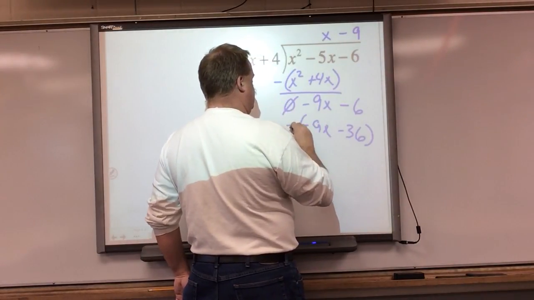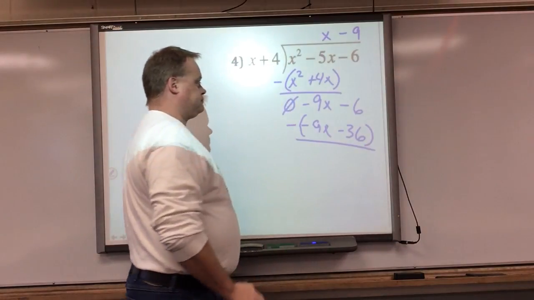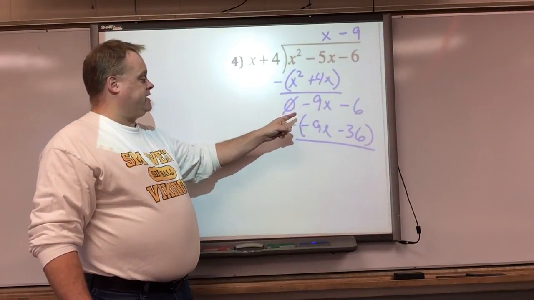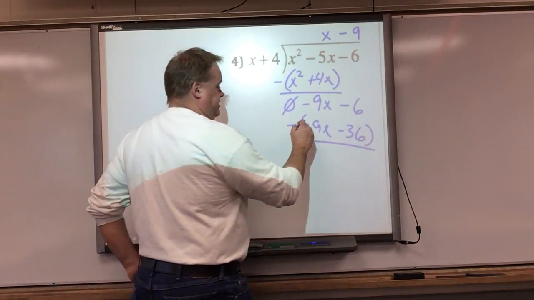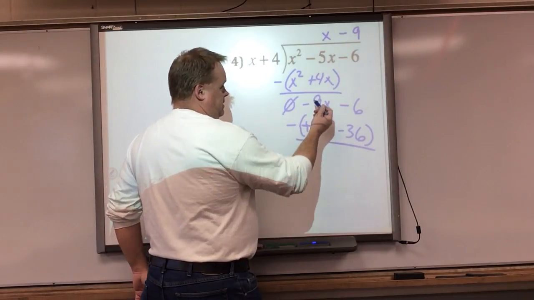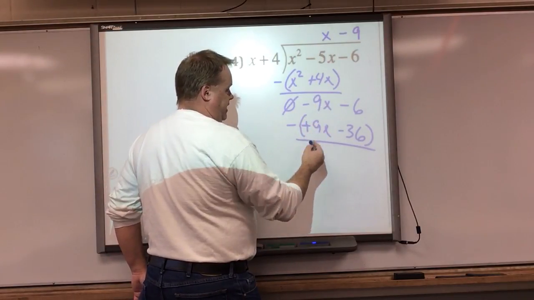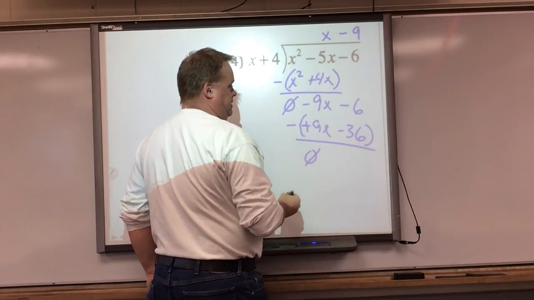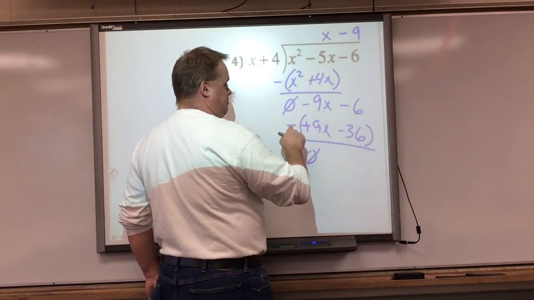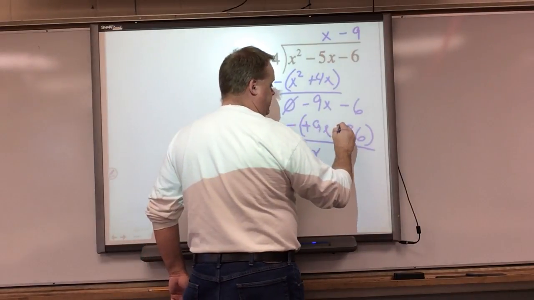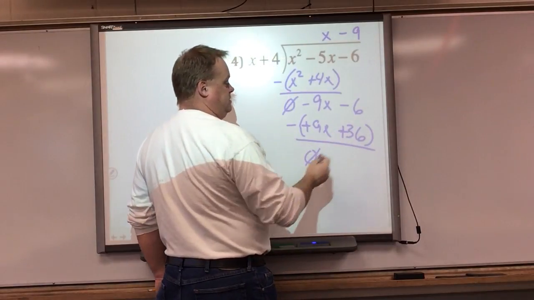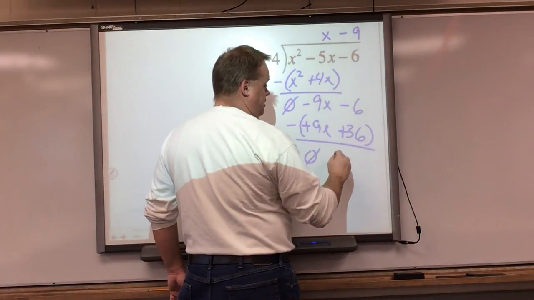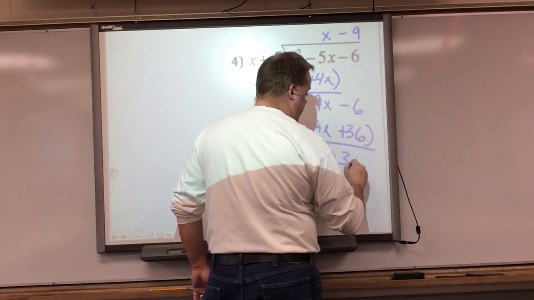Put it in parentheses, put the subtraction sign up front. Negative 9x minus a negative 9x becomes positive. Negative 9x plus 9x, nothing. And negative 6 minus a negative 36 becomes positive. Negative 6 plus 36 is 30.